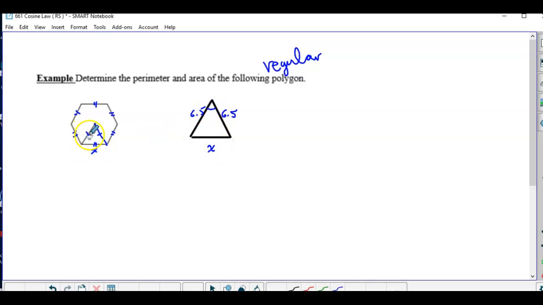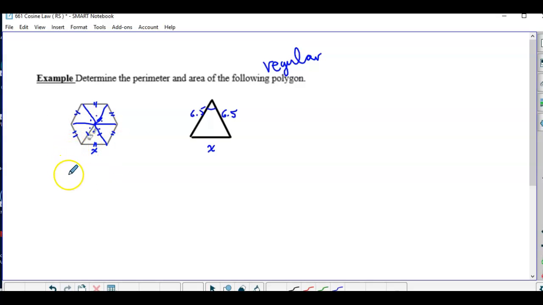One thing to realize is in a regular polygon like this, we could draw all the triangles. This is a 6-sided shape, so that's a hexagon. If it's regular, all of these angles in the center are going to be equal, and there's going to be 6 of them.